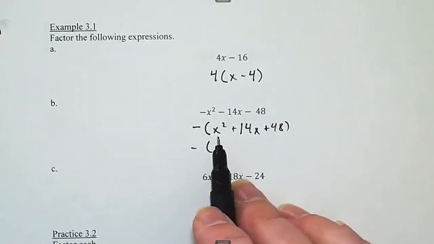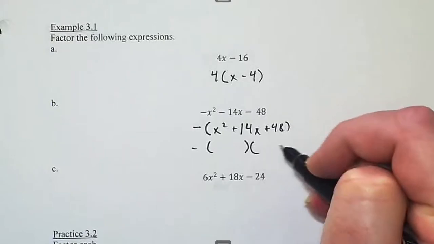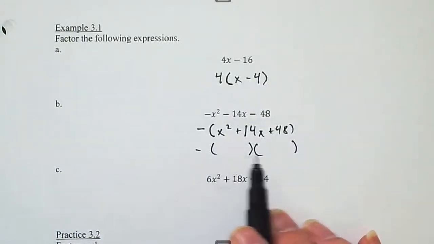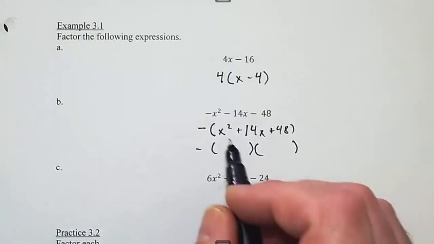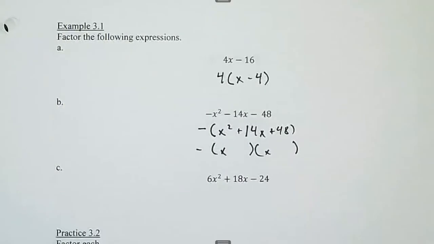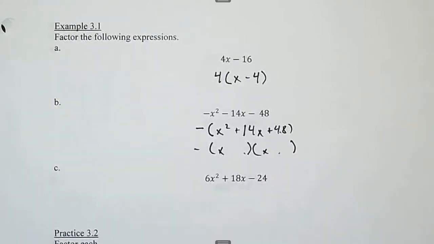Now, in order to get 3 terms, you typically need 2 binomials multiplied together. What goes here and here multiply to first. They multiply to x squared. So this is an x and an x. What goes here and here multiplies to 48.